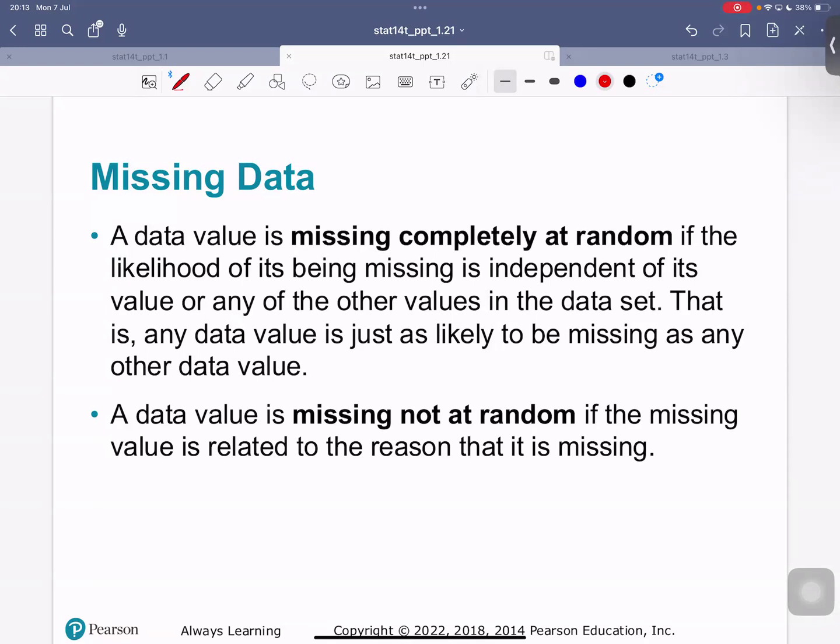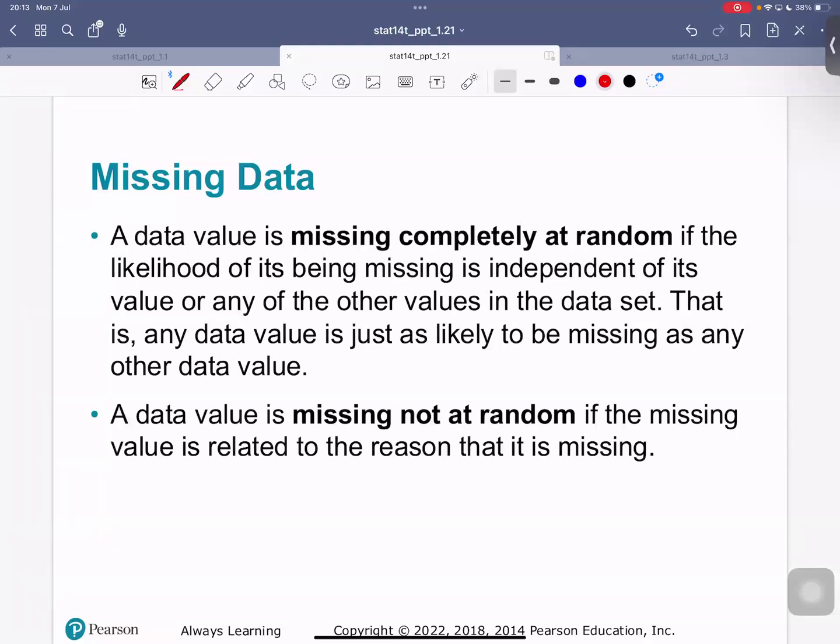For example, you are doing a survey, collecting data on monthly income. Some people intentionally don't want to release their information, of course, because of privacy. So that is missing not at random. Do you agree with me? Because they did that on purpose.